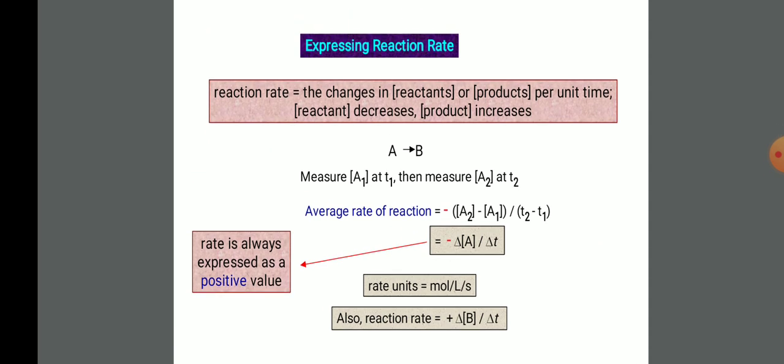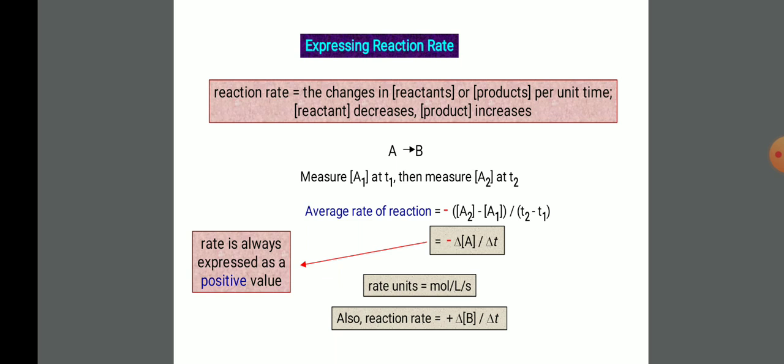Expressing reaction rate. The reaction rate means the change in reactant or product per unit time. Reactant decreases, product increases. In a general reaction, A is the reactant to give B, B is the product. Measure A1 at T1, and measure A2 at T2.